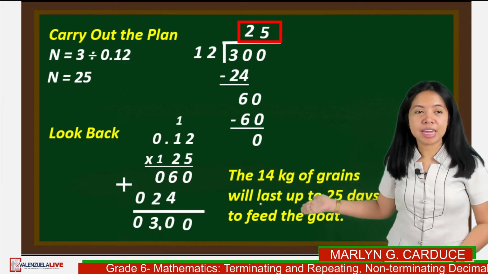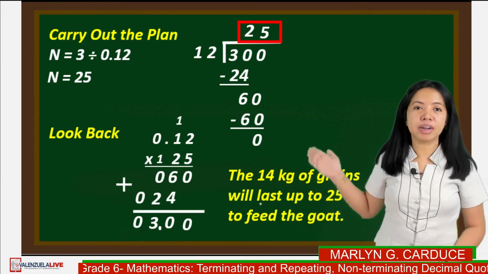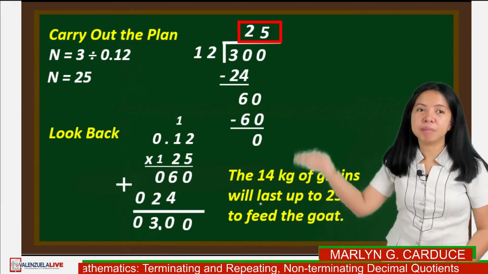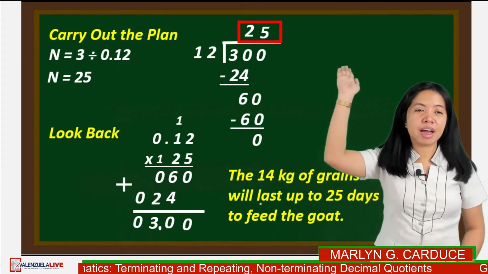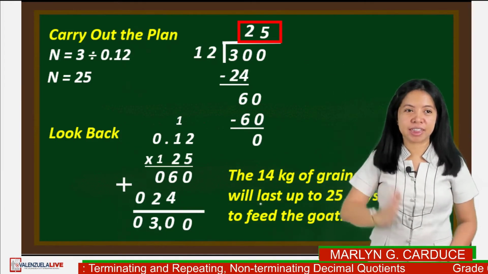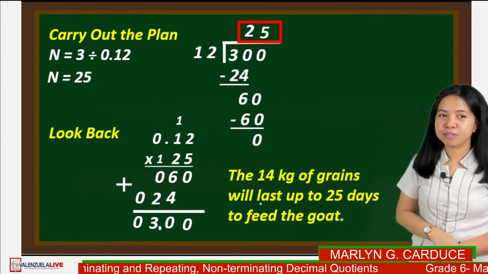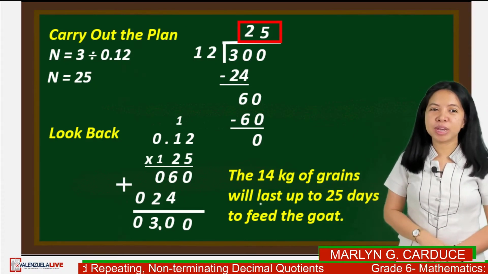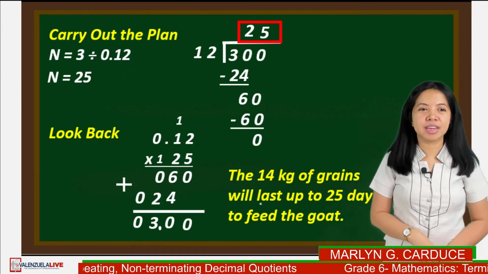So 3 as our product is the same as the dividend. Okay, so the 14 kilograms of grains will last up to 25 days to feed the goat.